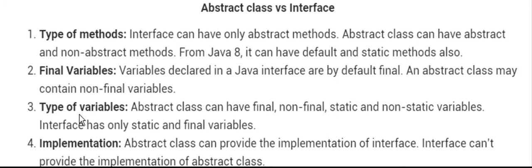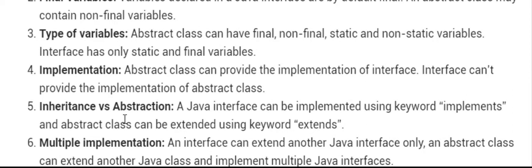And we look at the type of variables. An abstract class can have final, non-final, static, and non-static variables. An interface has only static and final variables. Inheritance versus abstraction: a Java interface can be implemented using the keyword implements. An abstract class can be extended using the keyword extends.